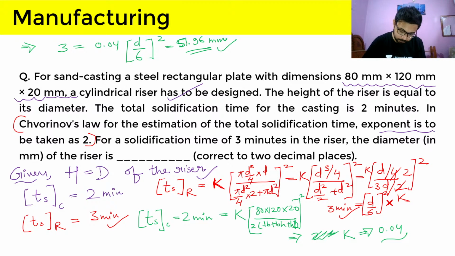The answer is now coming out as 51.87, which is again just under the range. So the correct answer will be 51.96, and the range that is given is 42 to 52. I don't know how 42 to 52 is given.